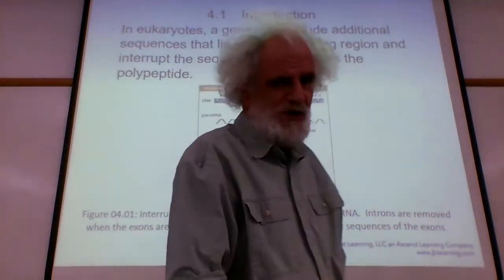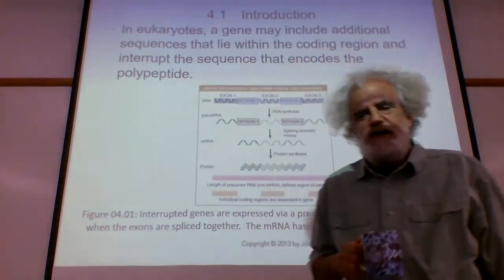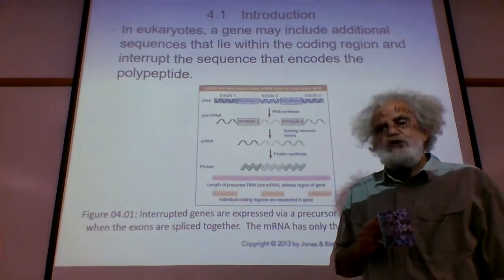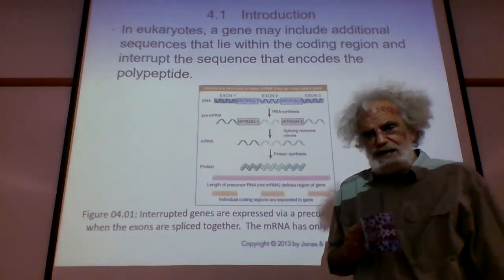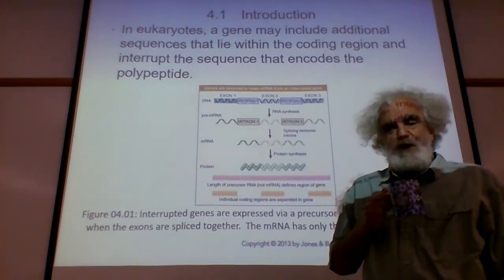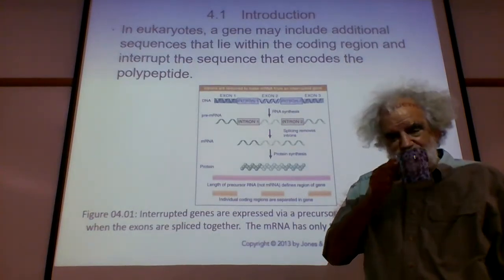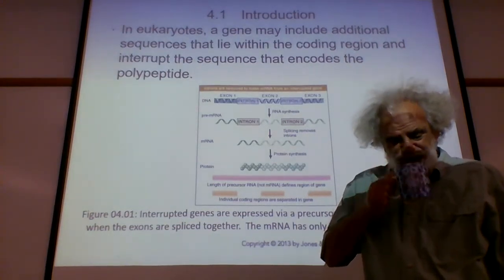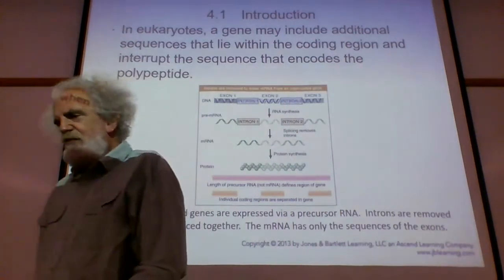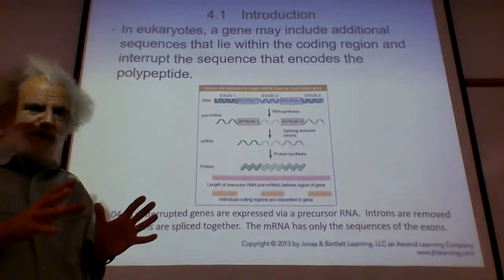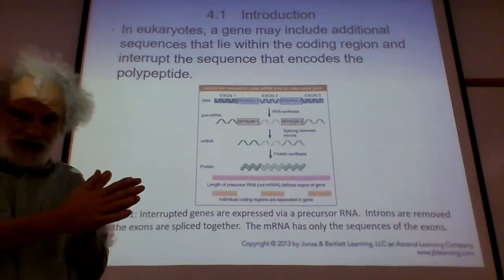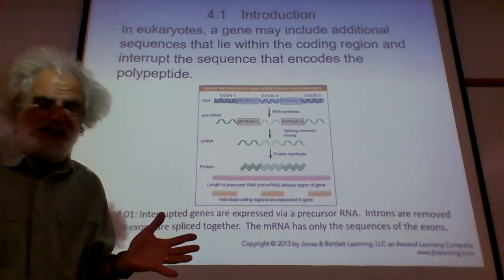We know in eukaryotes that the mature RNA is not a direct copy of the DNA, that there are in fact these regions that are interrupting the open reading frame. These interrupting sequences were identified when people began to compare the RNA molecule of a gene with the DNA molecule that was the transcription template.